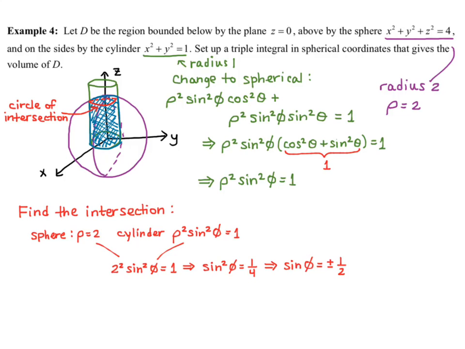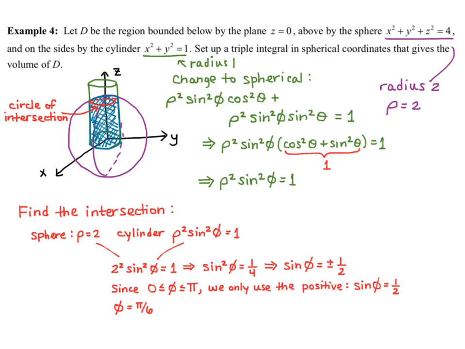And I take the square root of both sides. I get sine of phi equals plus or minus 1/2. Now, since phi is restricted to between 0 and pi, we only have the positive 1/2. We'll only have positive sine values, since sine is like the y in our unit circle. So we have sine of phi equals positive 1/2.